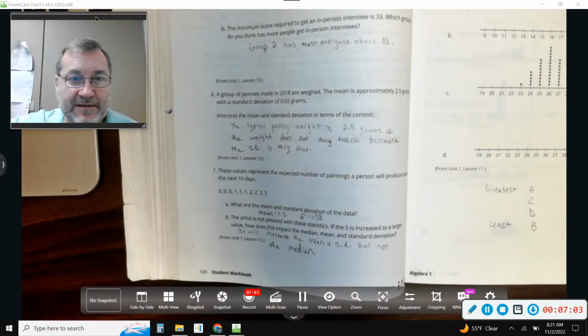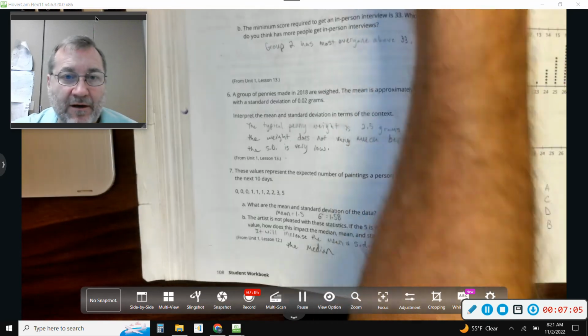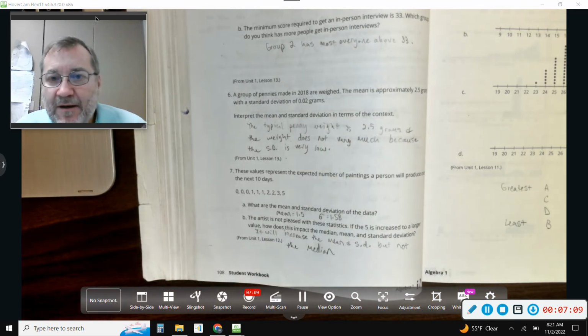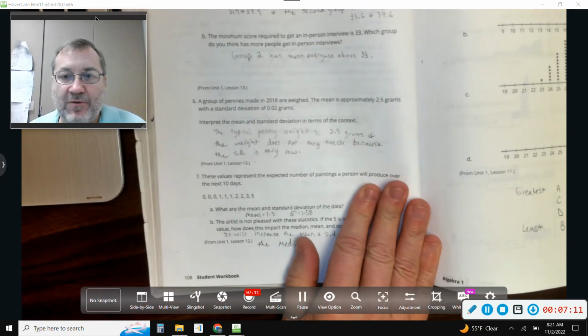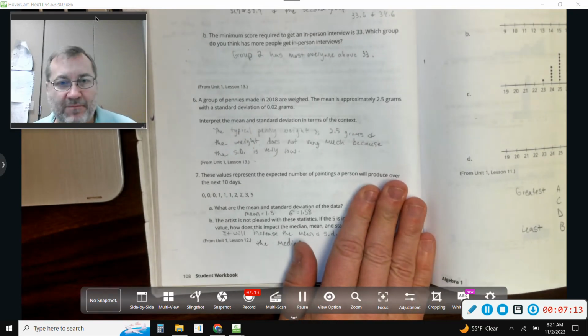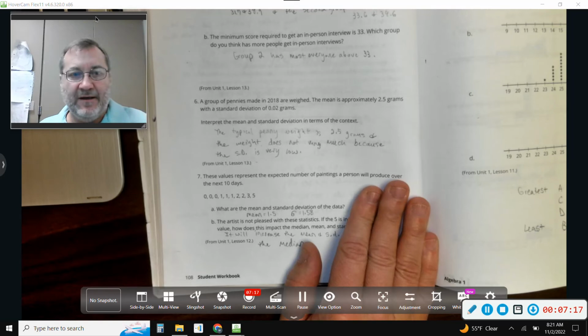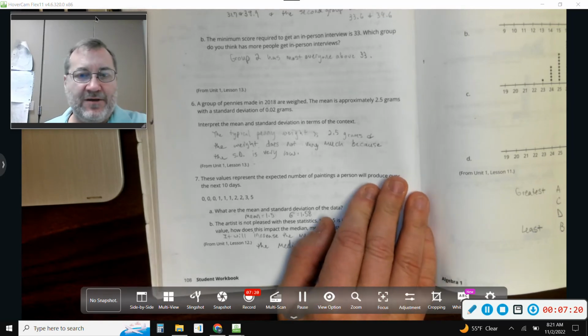And number 6 and 7. A group of pennies made in 2018 are weighed. The mean is approximately 2.5 grams with a standard deviation of 0.02 grams. So very low standard deviation. Interpret the mean and the standard deviation in terms of this context. Okay?